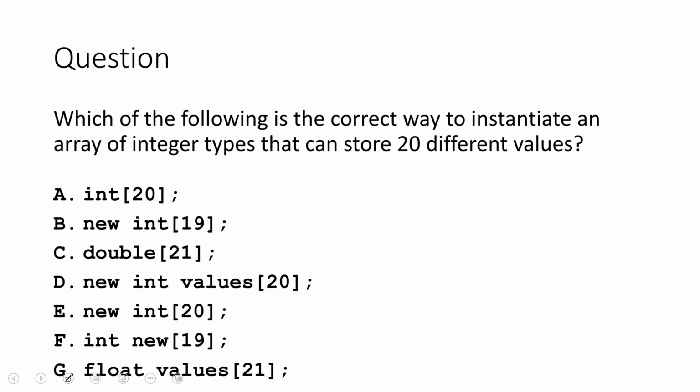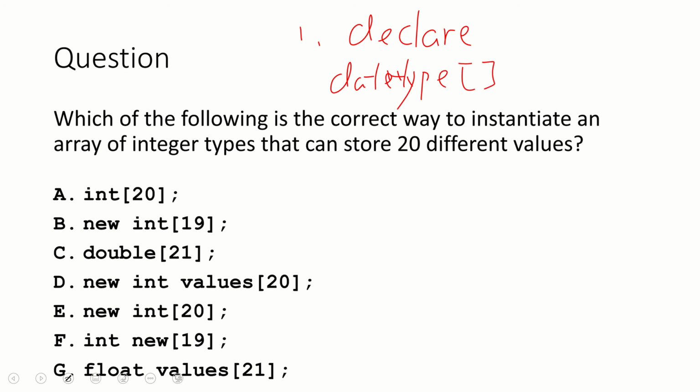Again, how to initialize. Basically there are 2 steps, right? Also, we can combine them into 1 step. With the 2 steps, first you declare. How to declare? The declaration is data type, bracket, with the array name.